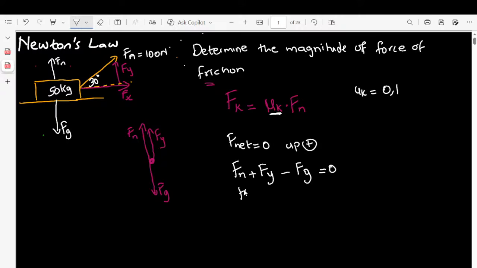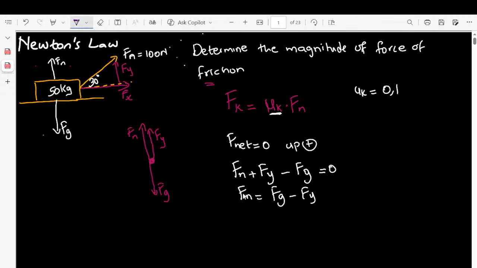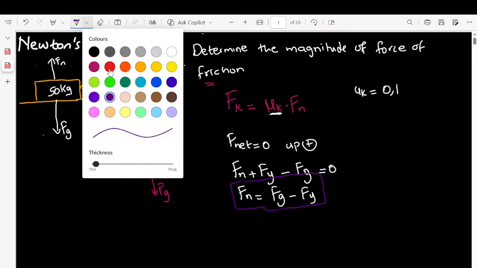We need to say Fn is equal to the Fg goes to the other side to be positive. Therefore, we subtract the Fy. So let's highlight this just to show that this is the formula that we're going to use to find our normal force. We need to use that formula. I hope everyone is happy with that.